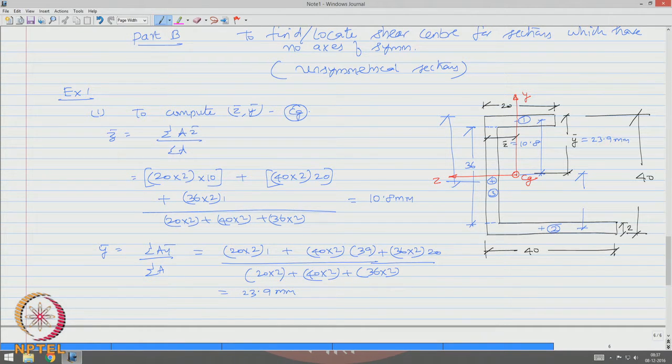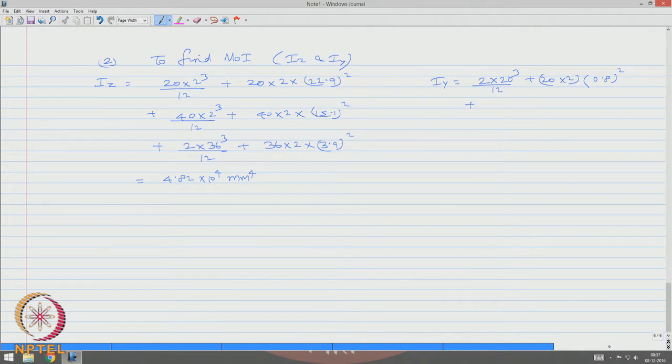This is 20, so the distance is 10 and 10.8, so 0.8 square, plus 2 into 40 cube by 12, 40 into 2 into 20 minus 10.8 square, plus 36 into 2 cube by 12 plus 36 into 2 into 9.8 square. I get I y as 2.57 10 power 4 mm 4.